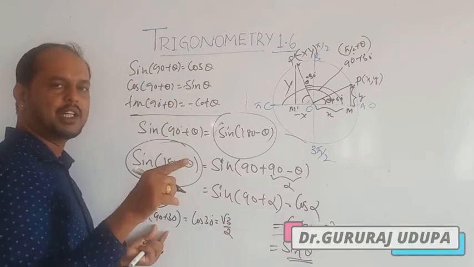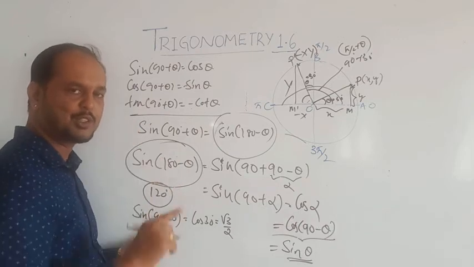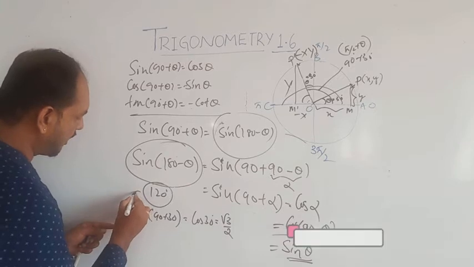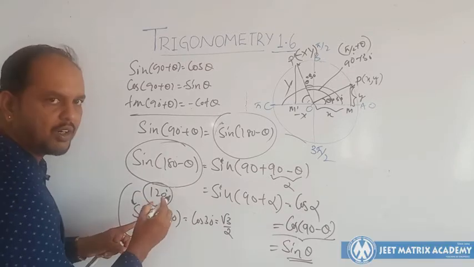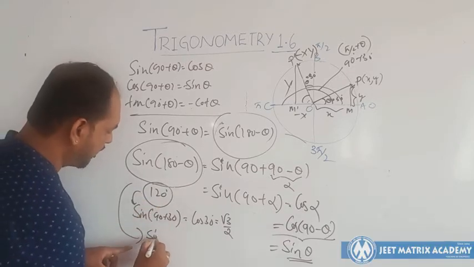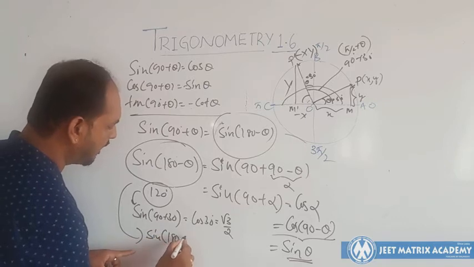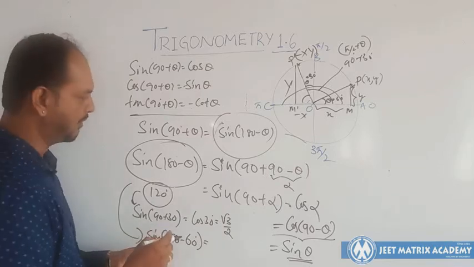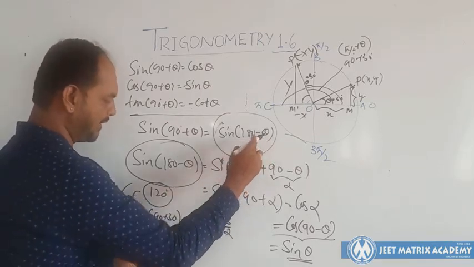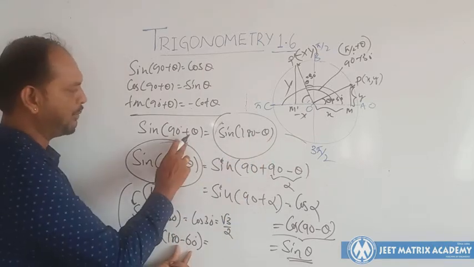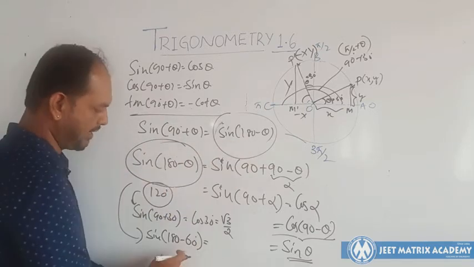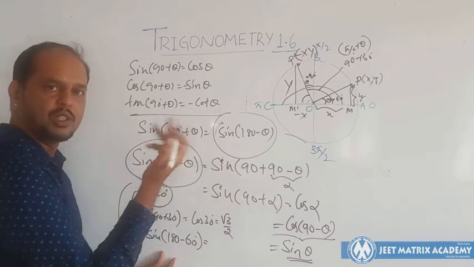Sin 30 is 1 by 2, cos 30 is root 3 by 2. You are supposed to remember. Now the same thing I could define as sin(180 − 60). That's what I am trying to say. I got root 3 by 2.